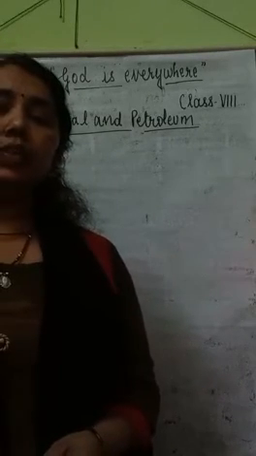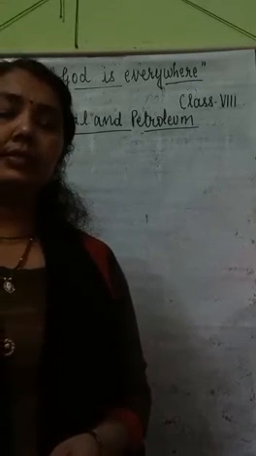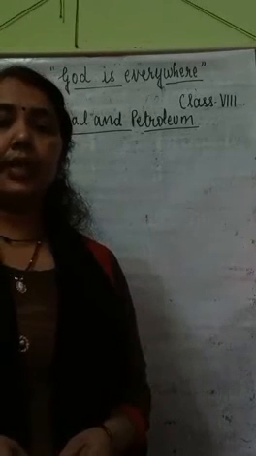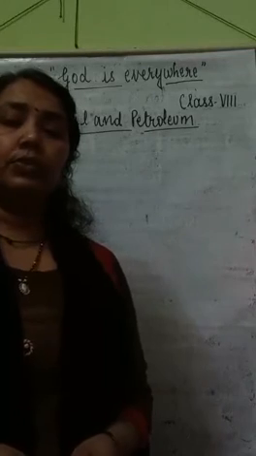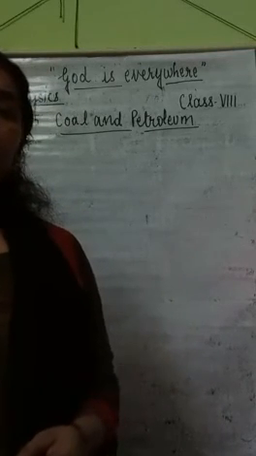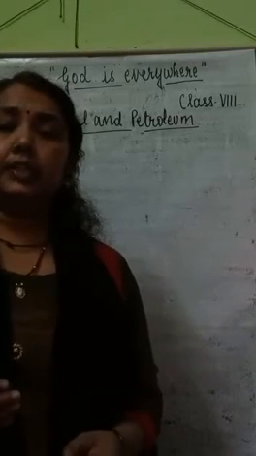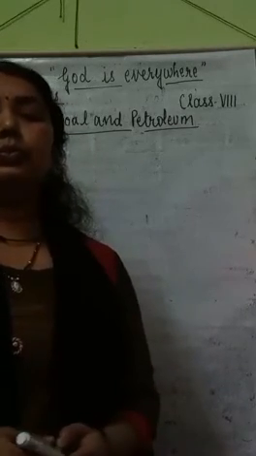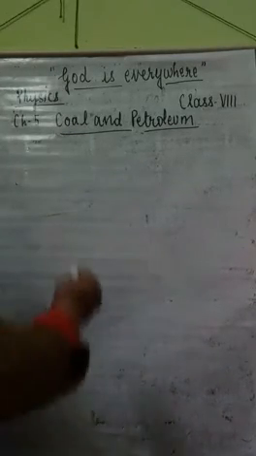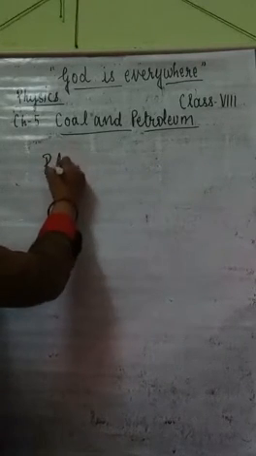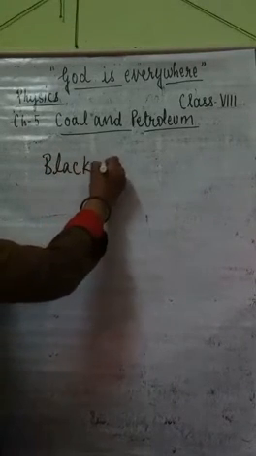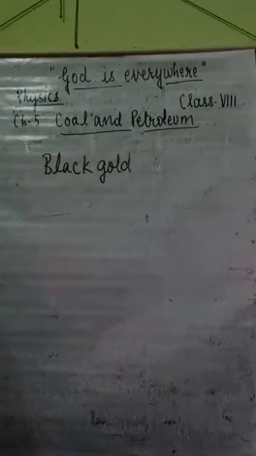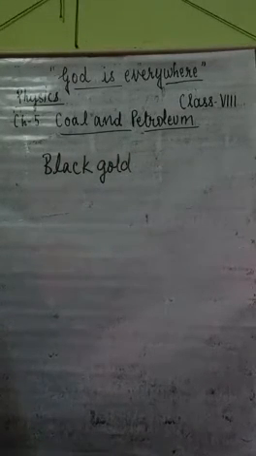Hydrogen gas, which we obtain from natural gas, is used in the manufacturing of fertilizers like urea. Due to its great commercial importance, petroleum is also known as black gold.